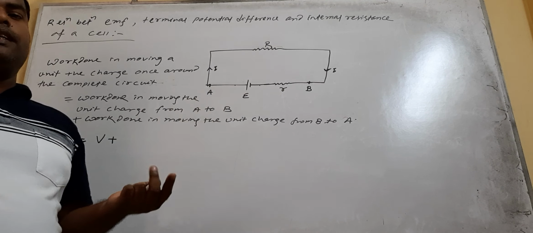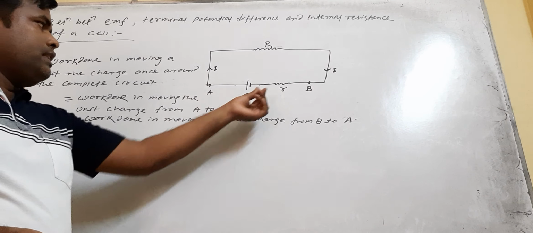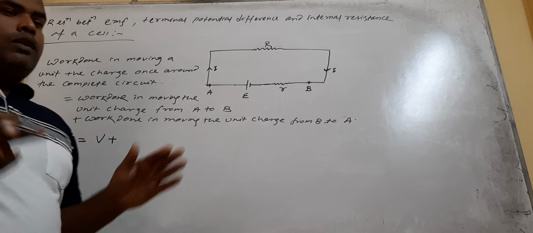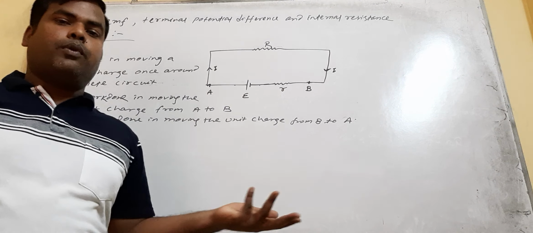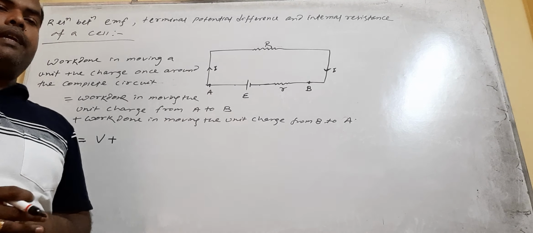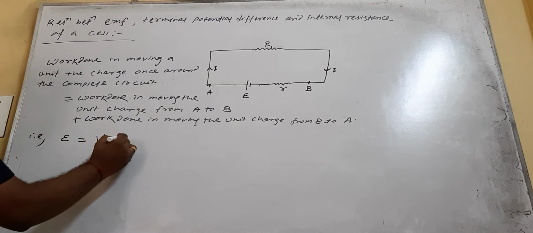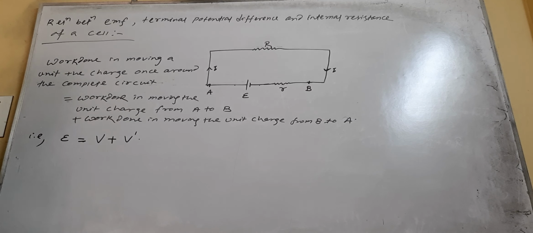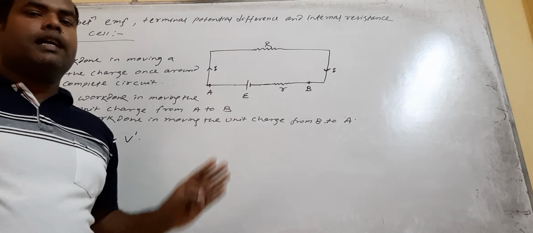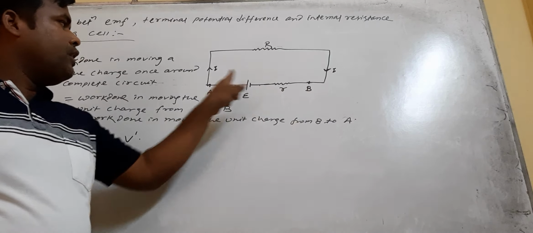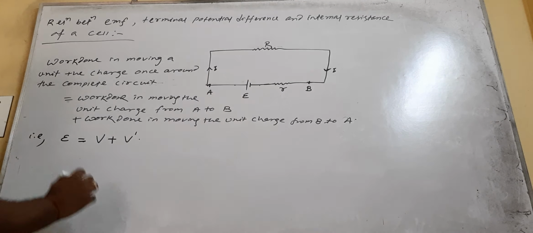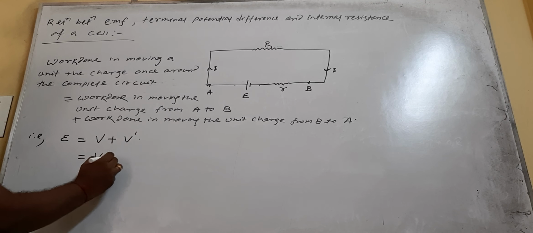Inside it you have the internal resistance small r. This r is from inside. So that work done per unit charge, that is the potential difference. So from B to A, what is the potential difference? That potential difference you can write as v dash. So it is the potential drop in the internal resistance, because from B to A only you have internal resistance. So what is that drop?